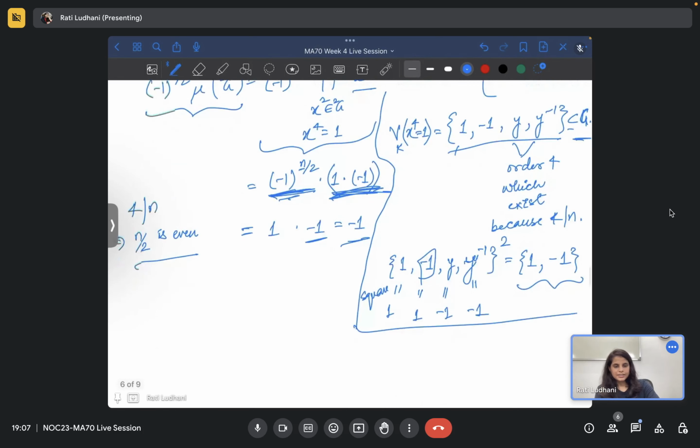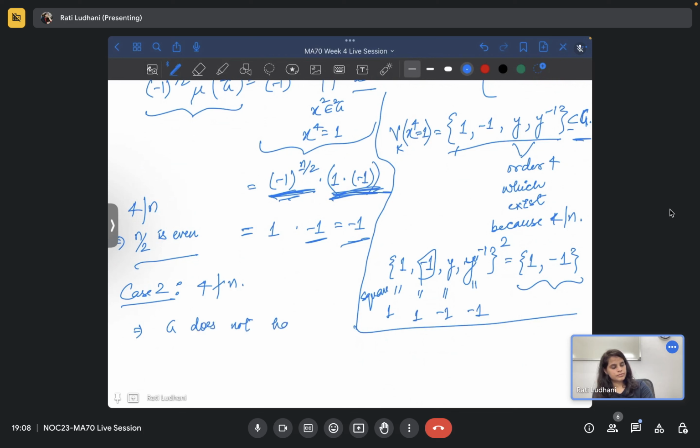And anyway, so let's take the other case which says 4 does not divide n. So what will happen here? You don't have any element of order 4 because 4 does not divide n. So this implies G does not have any element of order 4.